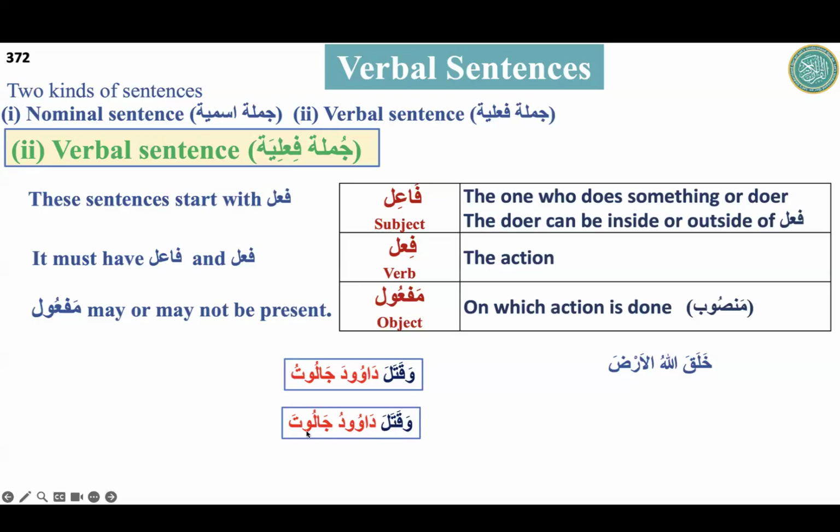Dawood killed Jalut. What is fa'il here in this complete sentence? Dawood. And what is maf'ul? Jalut. And what is the verb here? Qatala. What type of verb, madi or mudare? Madi.